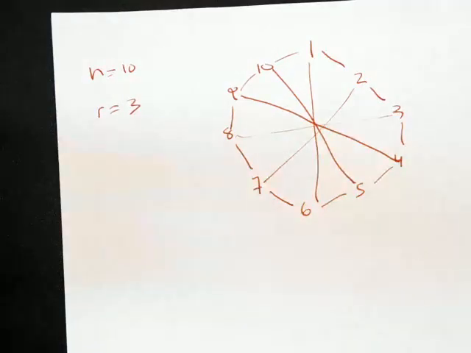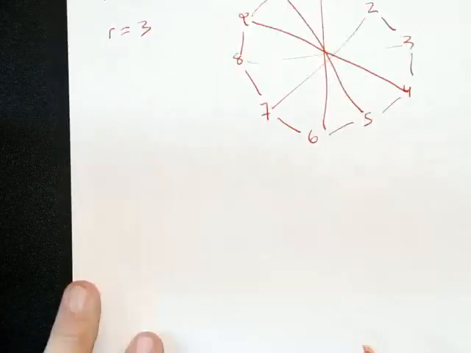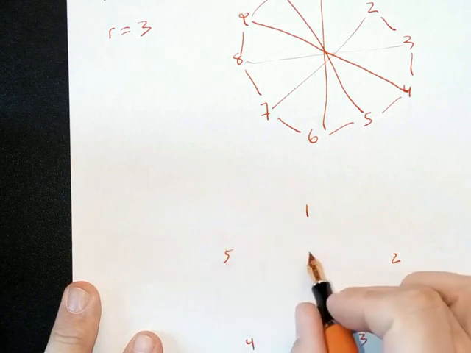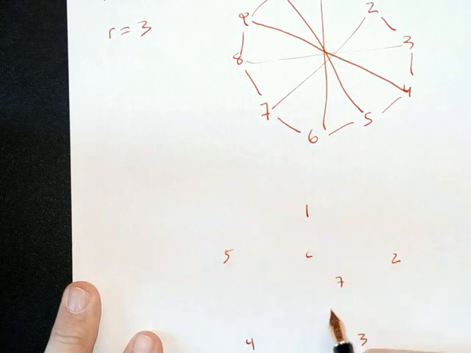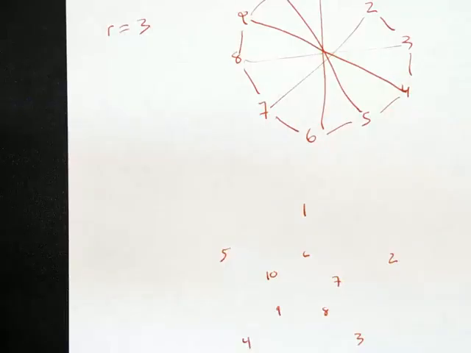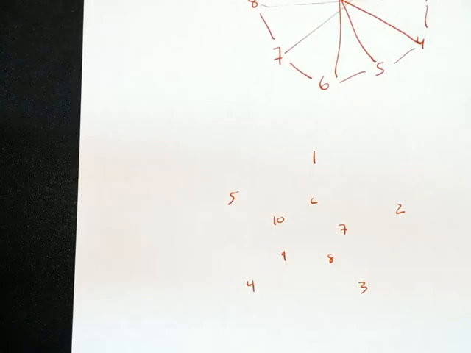Cycle, 2 across, and that gives me a third. There's another graph on 10 vertices.